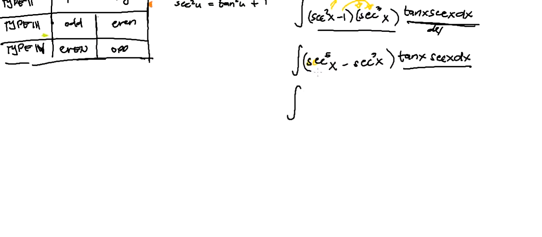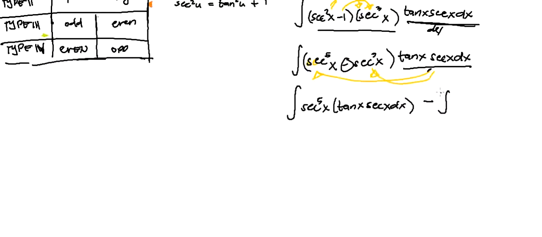By distributing this, we have the integral of secant 5x times tangent x secant x dx, then minus, now the second part, the integral of secant cubed x, multiplied by this part once again, tangent x secant x dx.